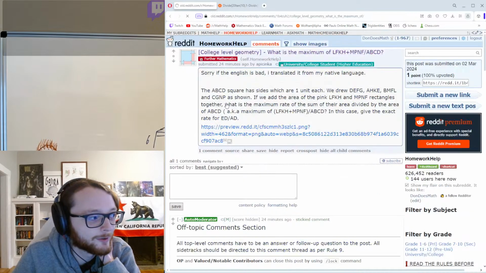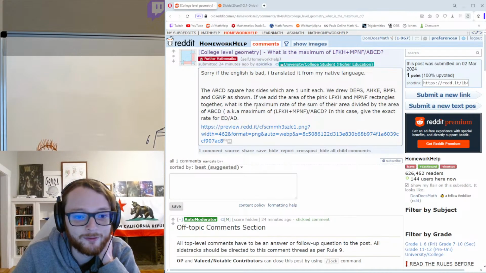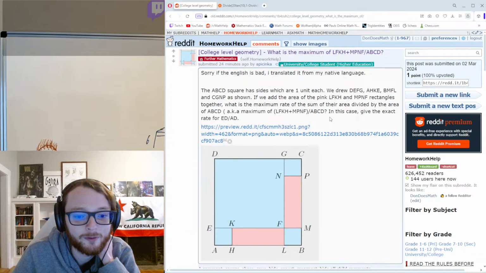This one looks kind of hard. Let's see if we can make sense of it though. The maximum value of LFKH, I guess the area, into ABCD. Oh wait, MPNF over. Oh my gosh, what a strange one. Oh, and it's in parentheses.